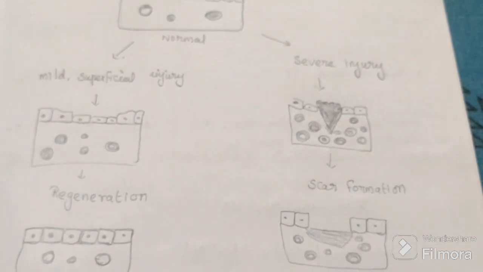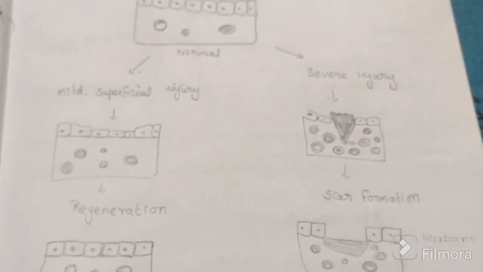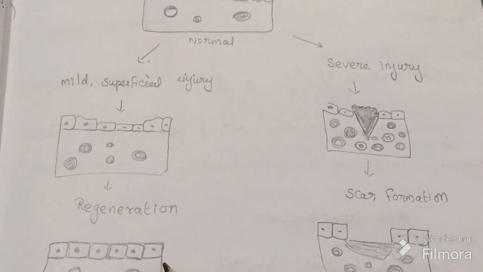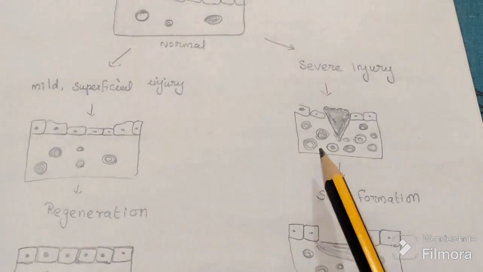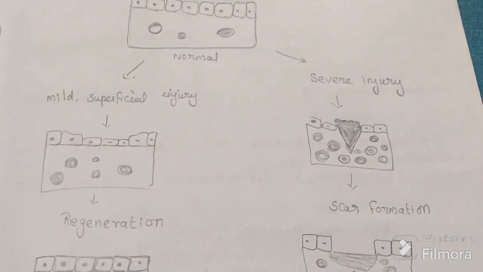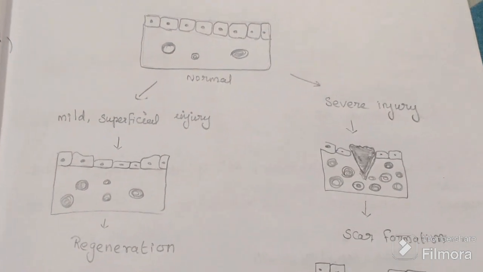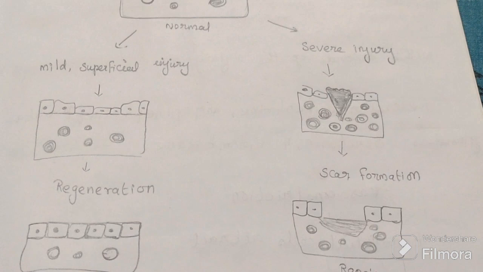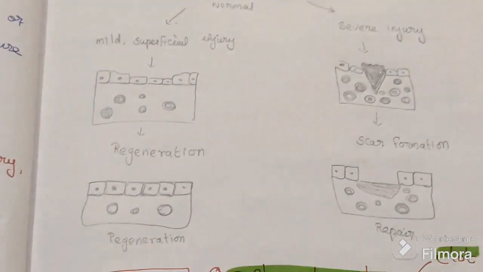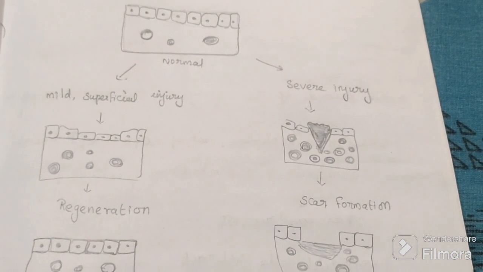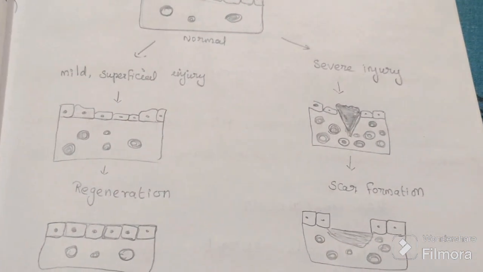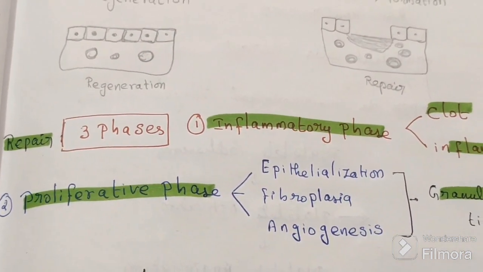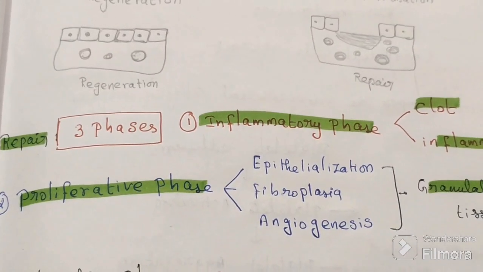That is the difference between regeneration and repair. In regeneration the same type of cell will come, but in repair a different type of cell will come, so it cannot restore the normal structure and function. This is the main difference. Let's see the steps of repair in detail.